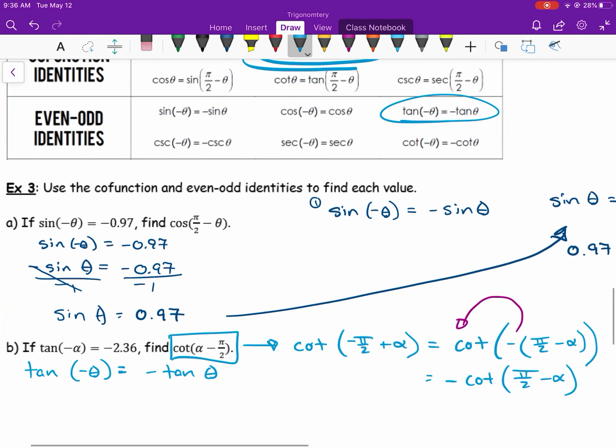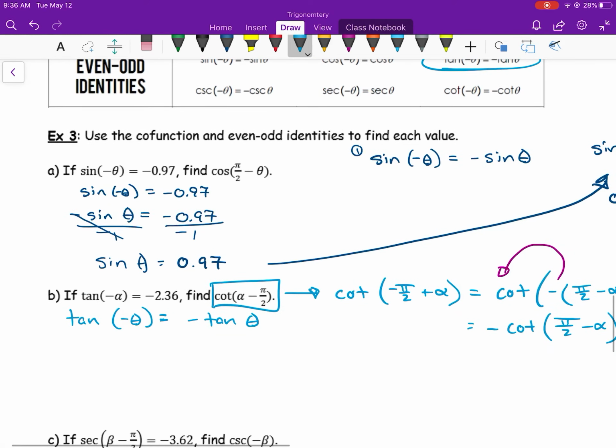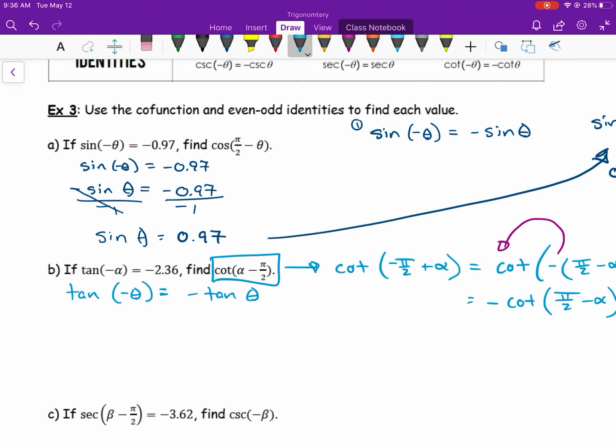So let's come back to our tangent over here. I'm given tangent of negative alpha is equal to negative 2.36. The above says I just have to pull out this negative, so negative tangent of alpha is equal to negative 2.36.